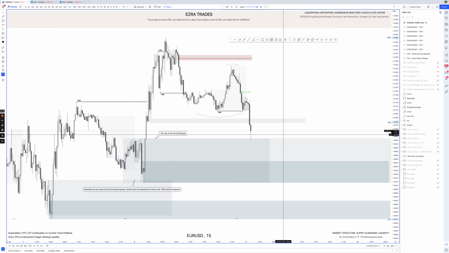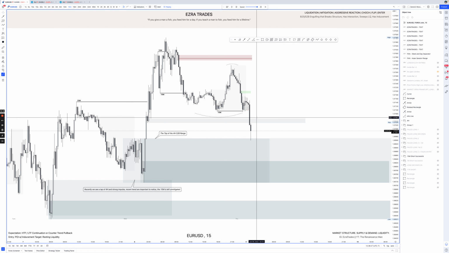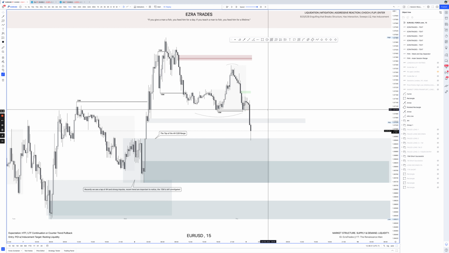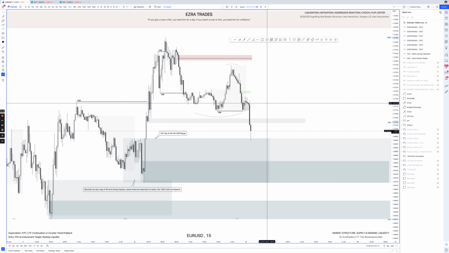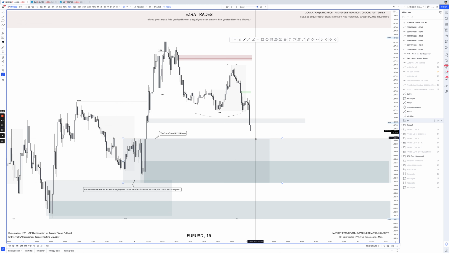So if I was going to take a sell from a low probability area, I would not want to take that 15-minute sell past a 4-hour demand that has been unmitigated, because I could generate a reaction that could very easily take me out.